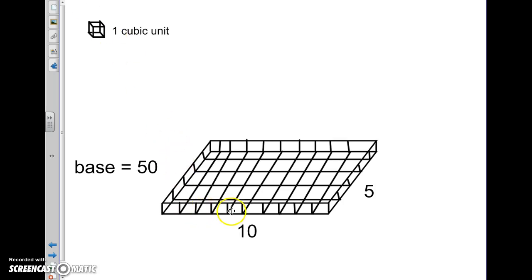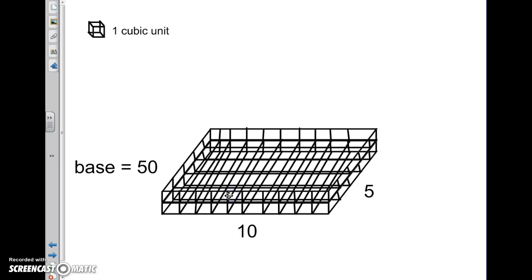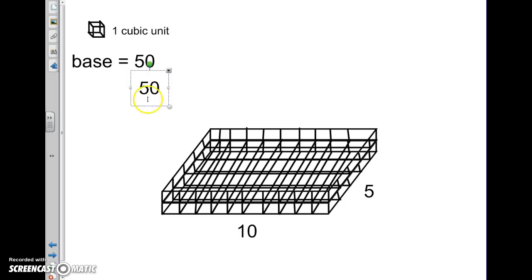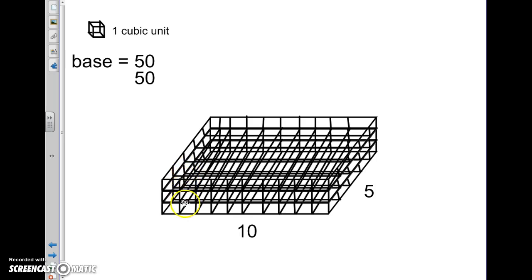So I'm going to take this base and I'm going to stack it up one more, okay? And so now I took this exact same amount of cubic units here, the 50, and I made a second layer here. So now I've got another 50. And I'm going to take another one, put it here so I have 3 layers, or 3 levels, or 3 stacks, whatever it is that you want to call it.